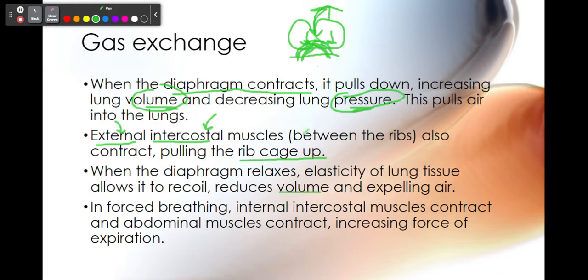The internal intercostal muscles, internal means on the inside of our ribs, are going to contract, pull the ribs in on the lungs, decreasing that volume more. And if we're really working hard to get that breath out, we can also add some ab muscles. Those will contract, push on the diaphragm, which pushes even more on the lungs. We can increase the force of the air exiting the lungs.